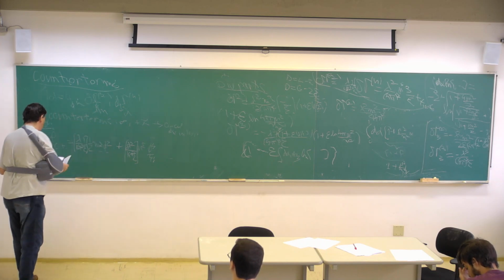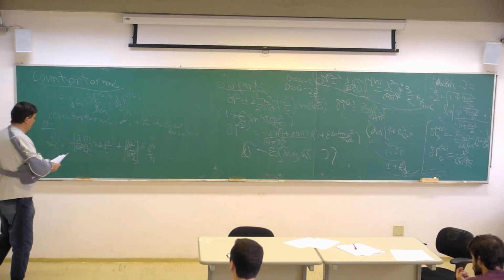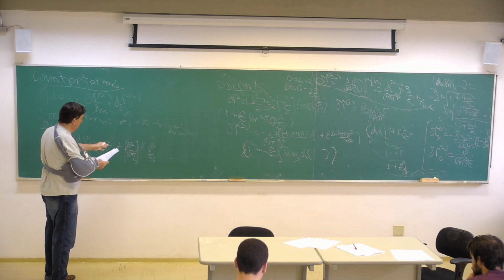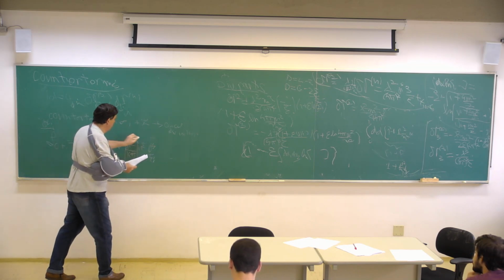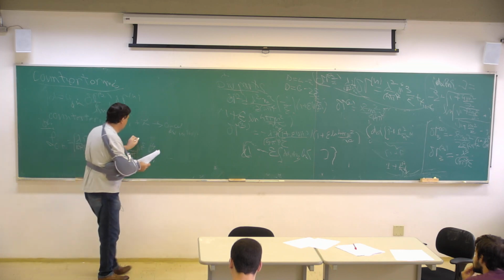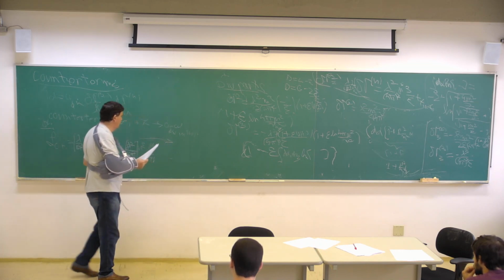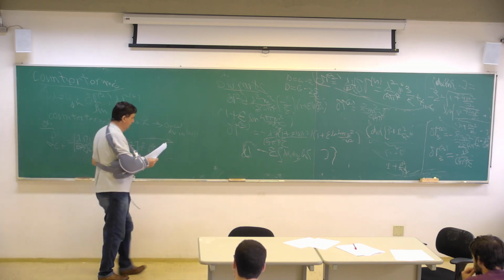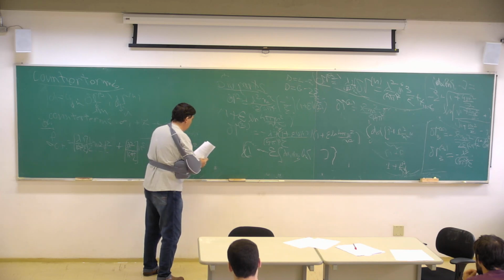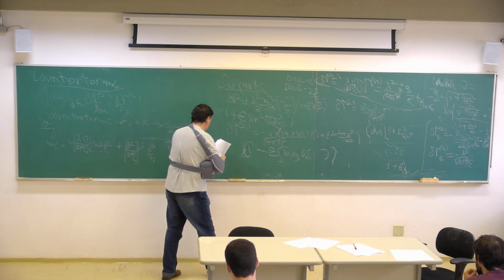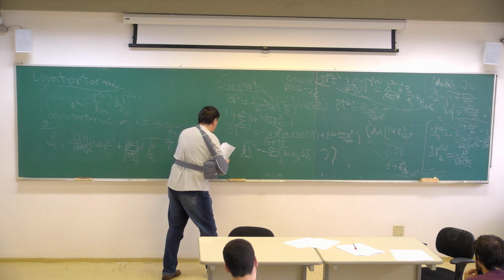All right, what do we think about this? Well, remember, the vertex that comes from this is minus the coefficient. So the vertex would be minus mu to the epsilon lambda squared over 16 pi squared, 3 over epsilon.